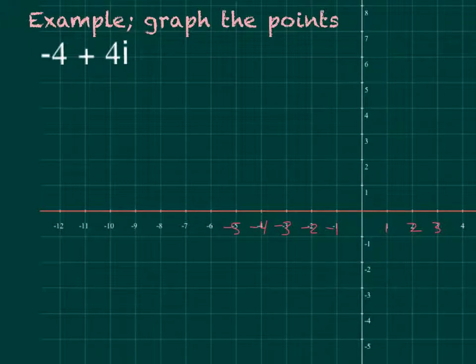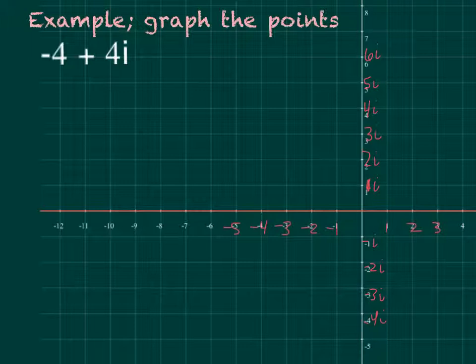So going up, it would be a positive 1i, positive 2i, positive 3i, 4i, 5i, and so on. Continues like that. And then going down, it would be -i, -2i, -3i, and so on. So that just corresponds to, instead of it just being x and y coordinate, it's the real and the imaginary.